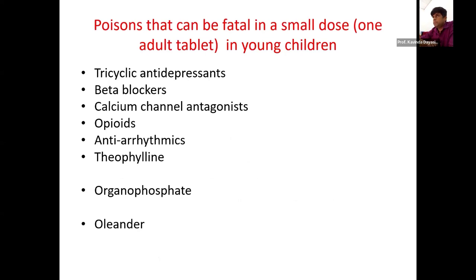Also, because children have low body weight and a lower volume of distribution, the risk of higher plasma concentrations is greater. Some poisons, especially pharmaceutical agents, can rise to very high levels within the toxicity range if young infants ingest even 1 tablet.